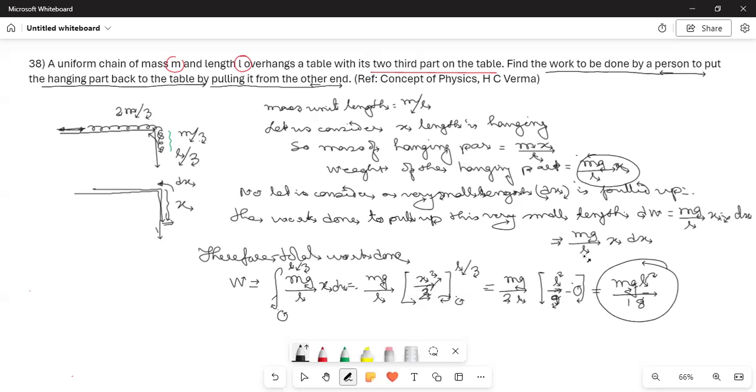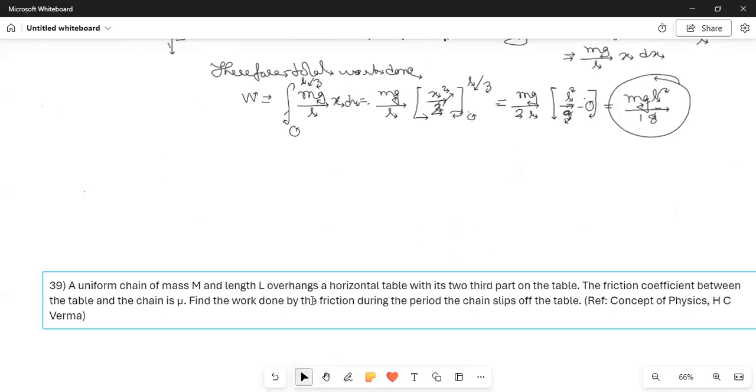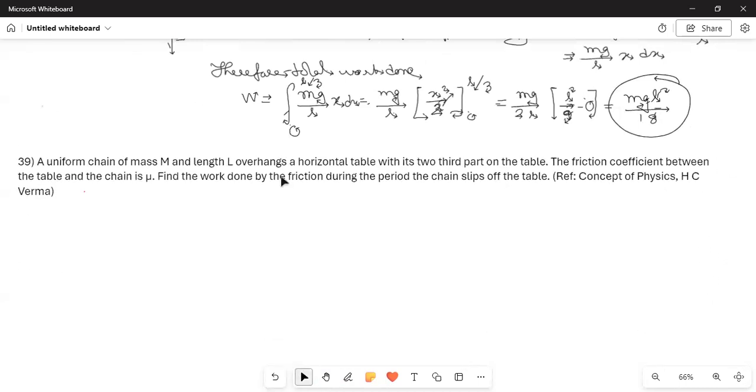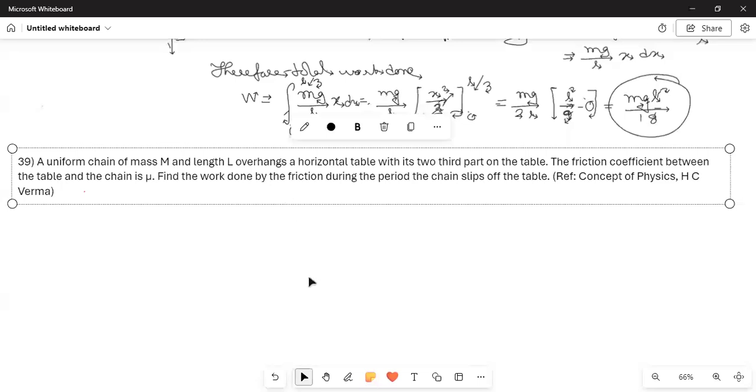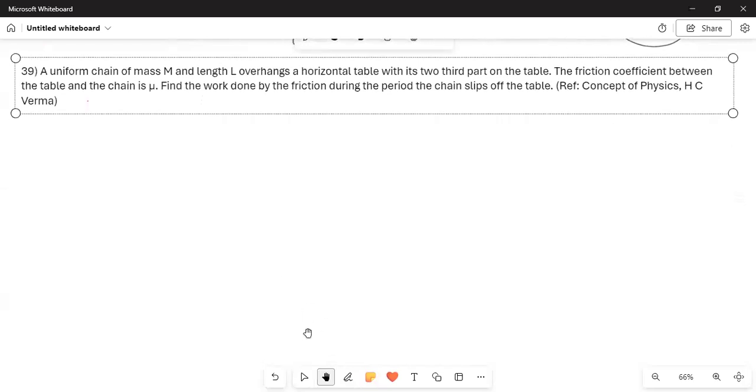Now what we shall do, we shall go to the next problem. This problem is problem number 39. We'll do it today because it's a very similar problem.